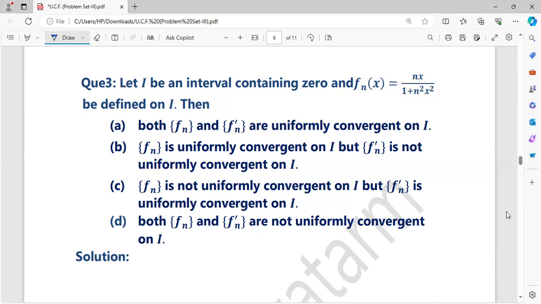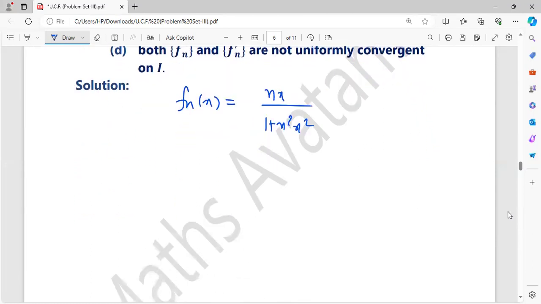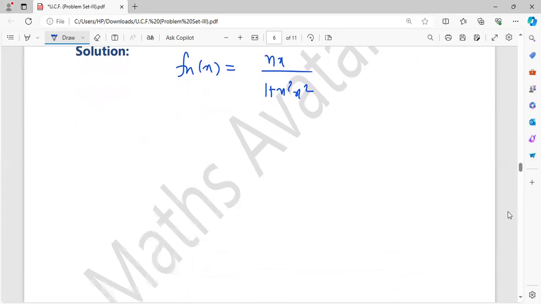So Fn x is nx upon 1 plus n square x square. Now the interval contains 0.